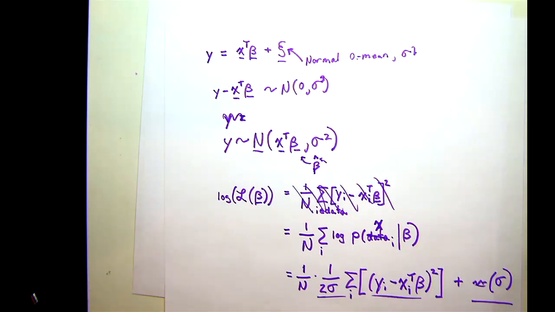We don't care what it is because what we're about to do, and I'm not going to have time now, is maximize this, which means that the first technique we try is to take the derivative, set it equal to 0, and see what we get. We're going to take the derivative with respect to beta, not with respect to sigma, so that constant with sigma is just going to fall out.